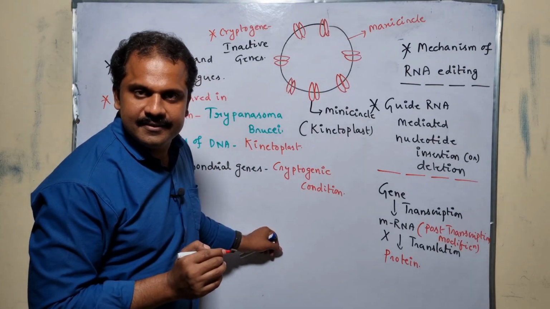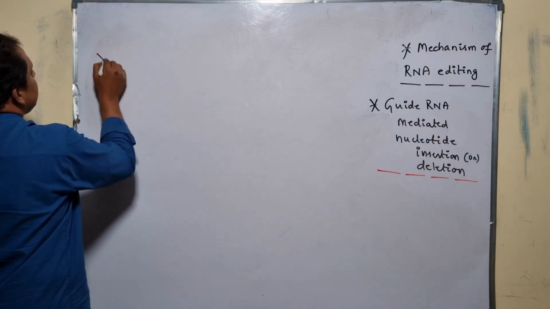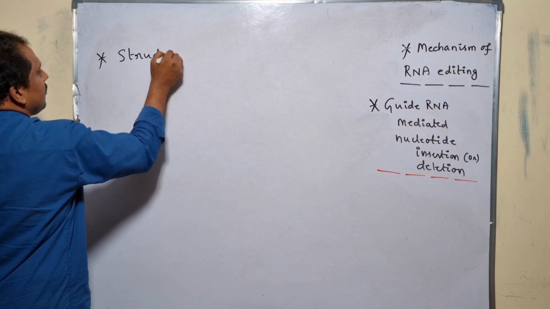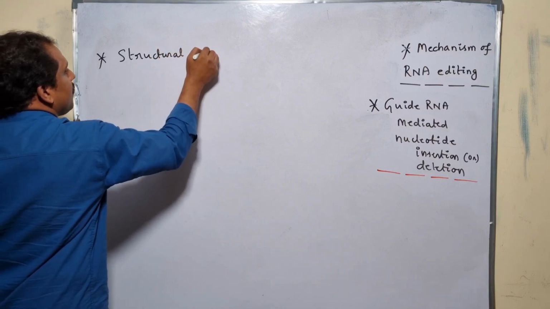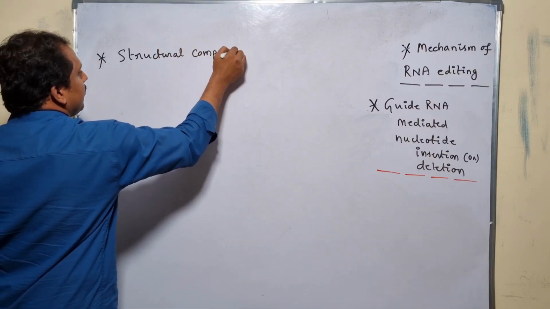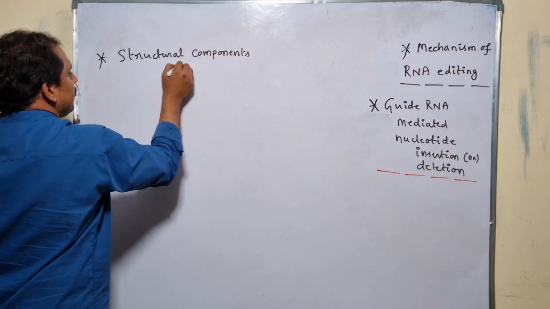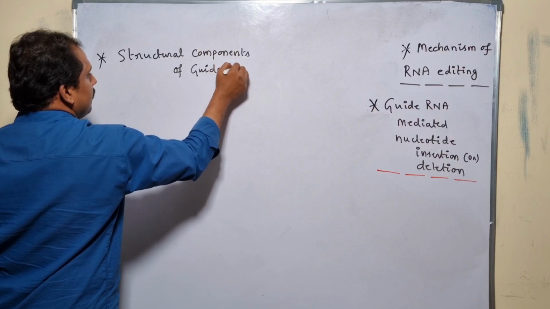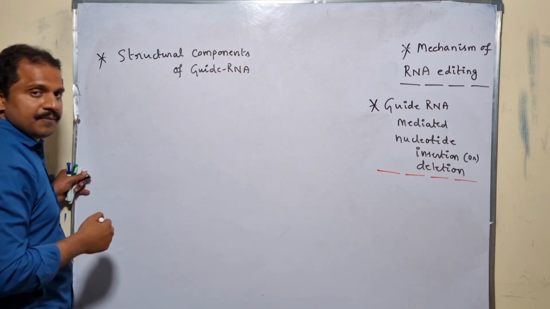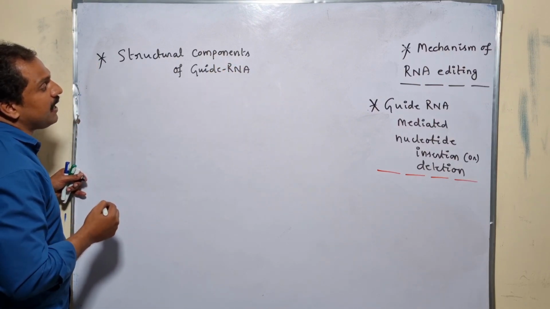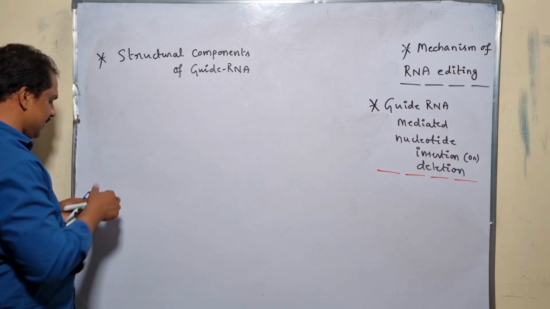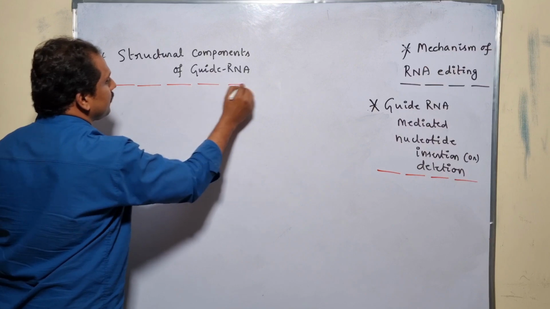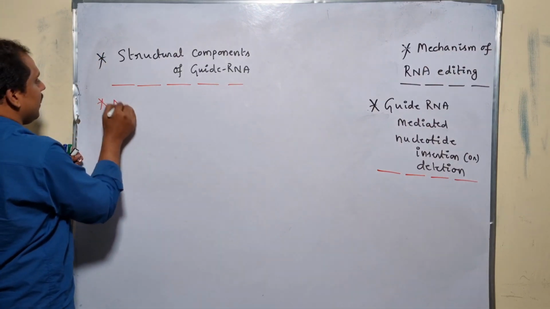Is it clear? If we consider the structural components of guide RNA. Is it clear? So here basically the specific guide RNA is a non-coding RNA. So let me write it on the board. It is a non-coding RNA.